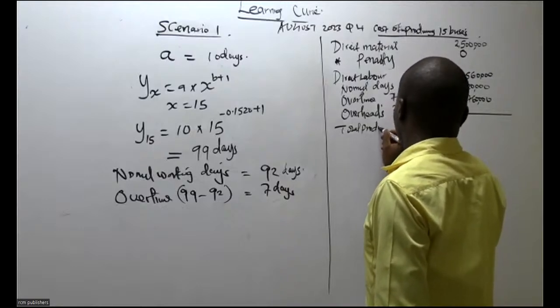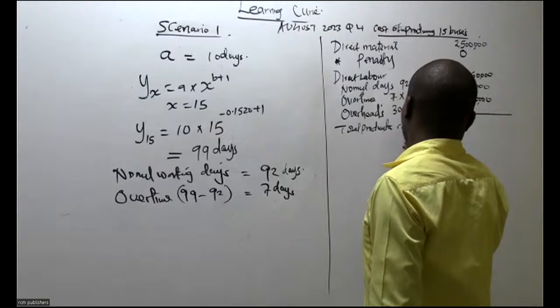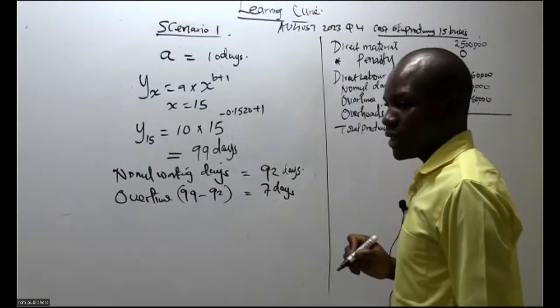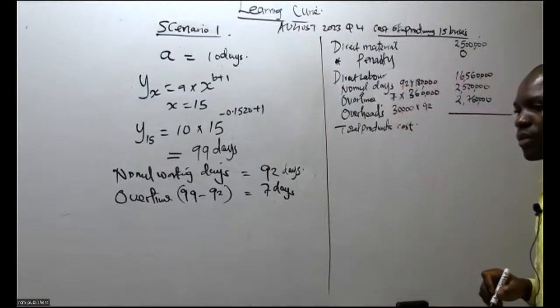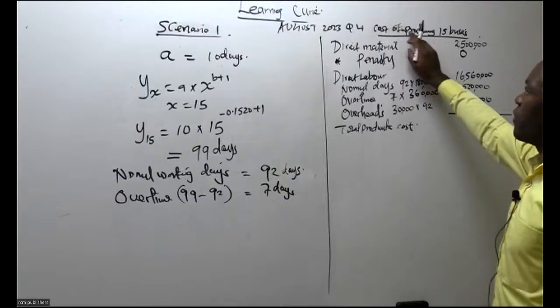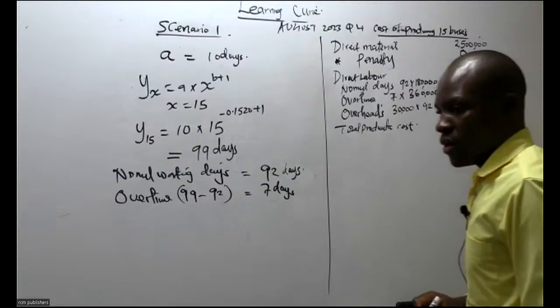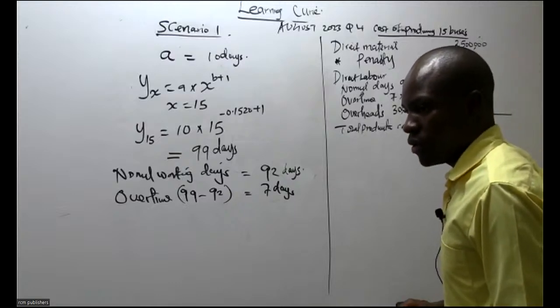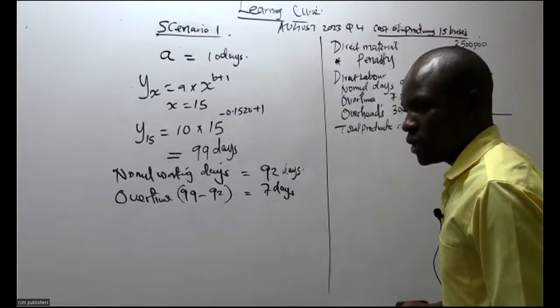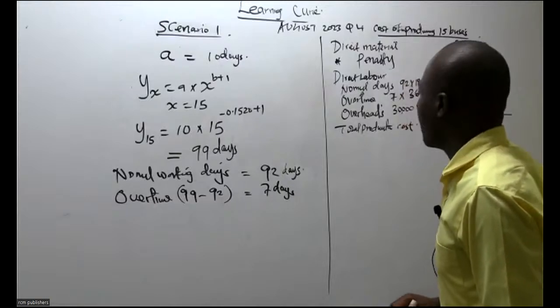Total production cost of 15 buses under scenario 1, how much will we have? Direct material of 2 million per bus.